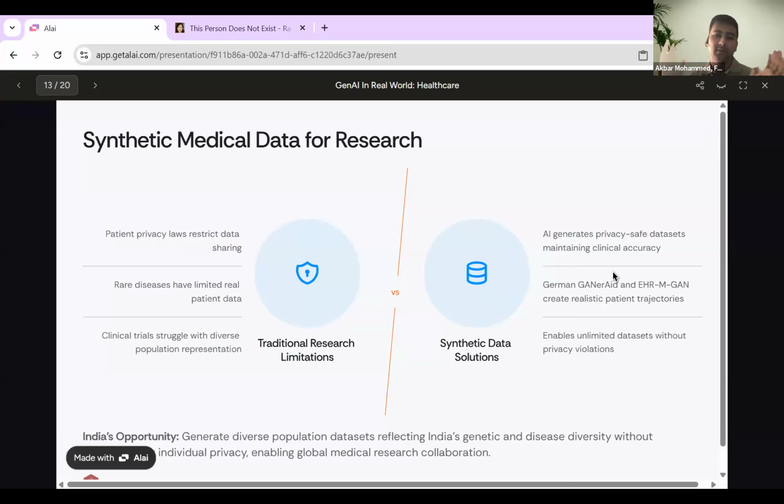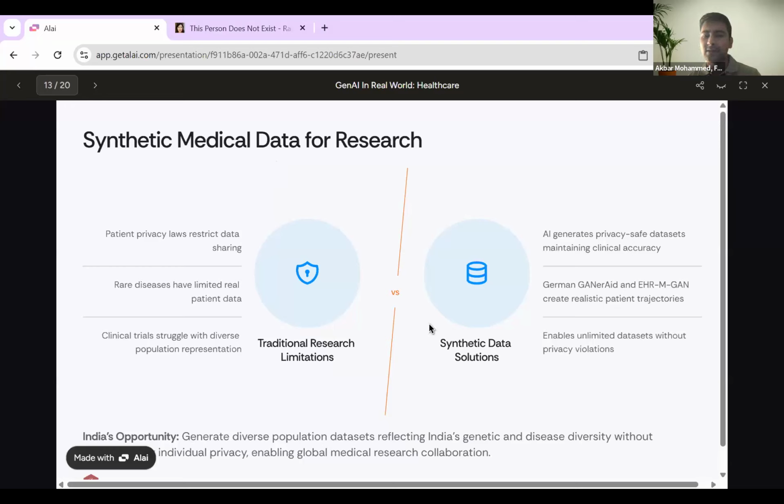You can create millions of records using these synthetic samples and come up with an analysis that can say, okay, based on my simulation, I think these are the risks that our population is managing, and these are the prescriptions that we should have from a policy standpoint. So that is possible today because AI is able to generate these synthetic medical data.